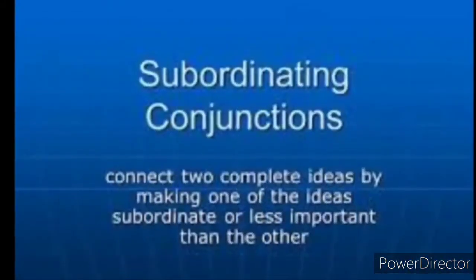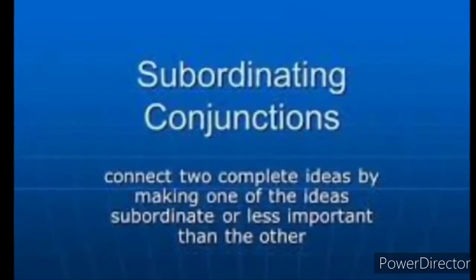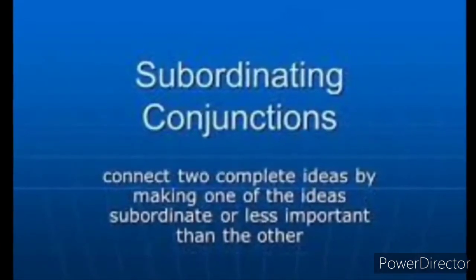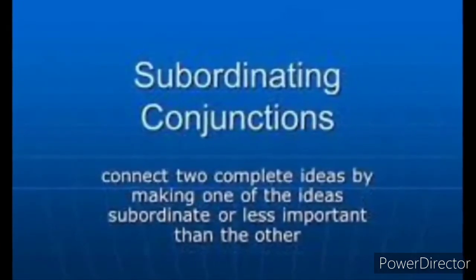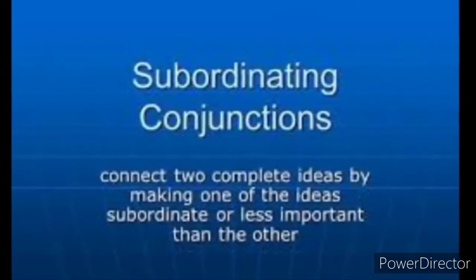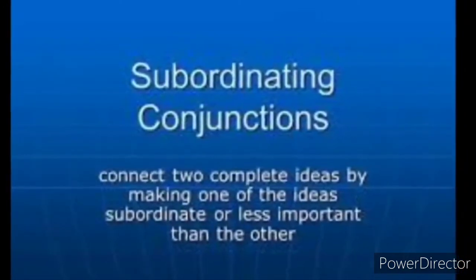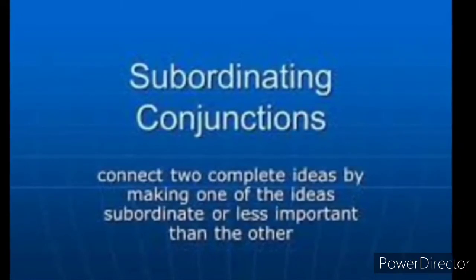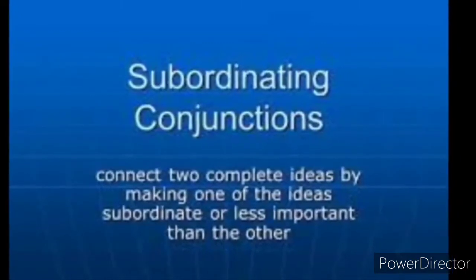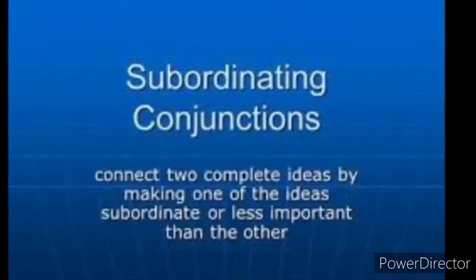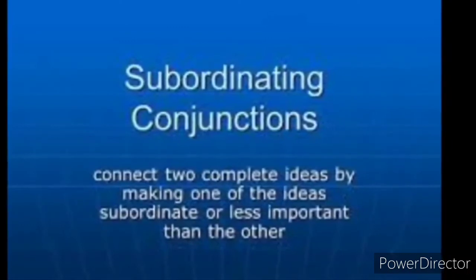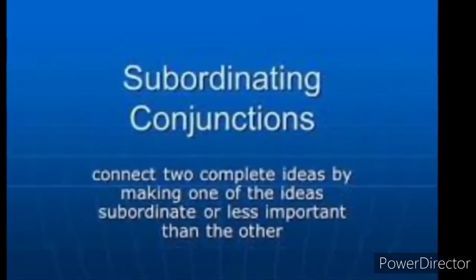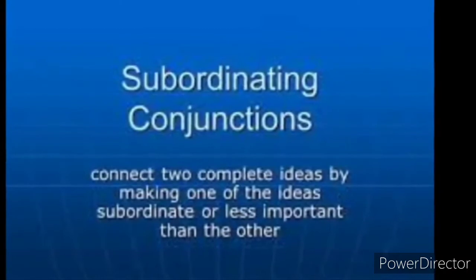That is, it begins with the subordinate clause and connects it to an independent clause. So it connects two complete ideas, that is clauses, making one of the ideas subordinate.